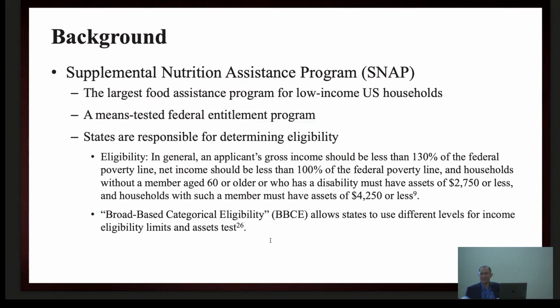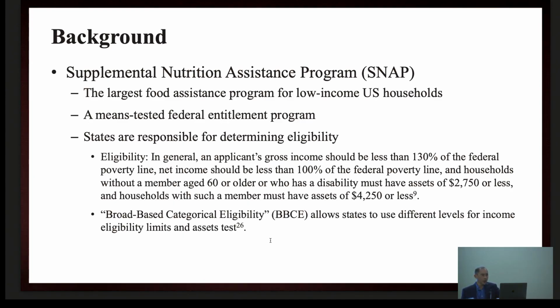So let me start with SNAP. I think all of you are familiar with SNAP, so I'm not going to talk about this extensively. But as you all know, it's by far the largest food assistance program for low-income U.S. households. It's means-tested, so it's an entitlement program, right? But states are really responsible for determining the eligibility.